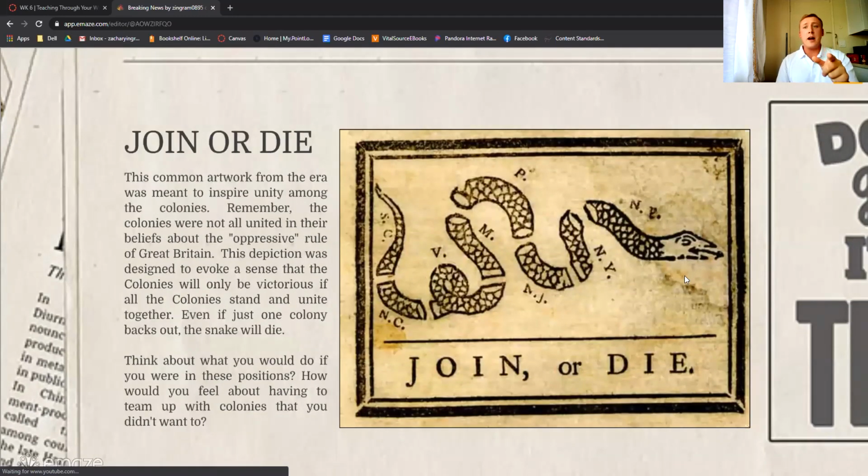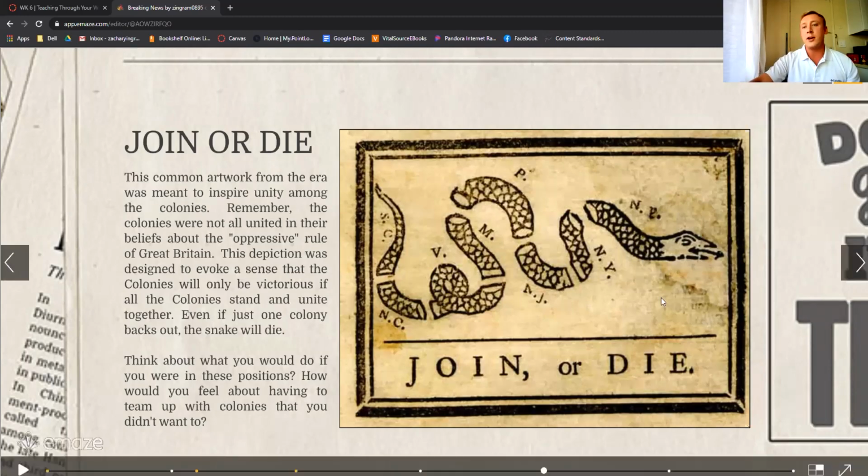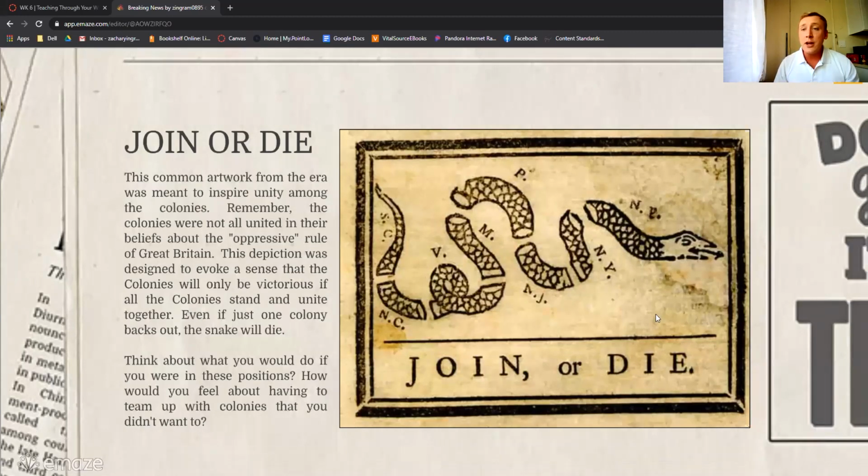So this is another piece that was circulated back in the Revolutionary era as well. It was basically a symbolic snake that tried to represent how all of the colonies needed to unite together in order to take down the oppressive regime and the oppressive monarch, right?